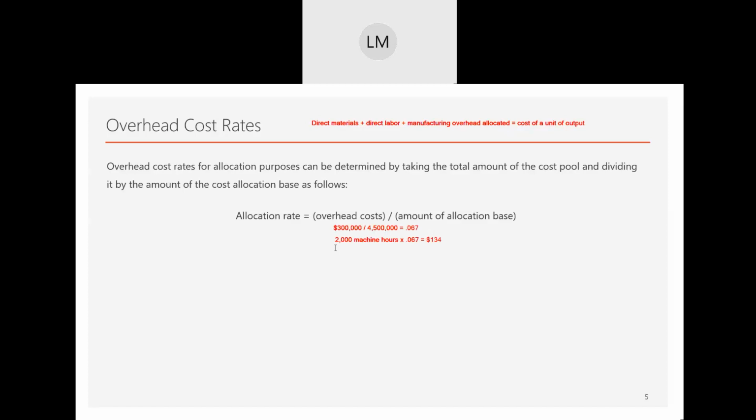So that job, whatever the direct materials and direct labor is, is going to have $134 worth of overhead allocated to it. So with job costing, I'm not changing the direct materials or direct labor. I'm just looking at how to cost each job, and now I'm refining my manufacturing overhead to manufacturing overhead allocated.